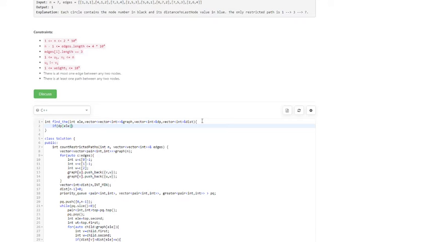If it's not equal to int min, which means it was already solved.